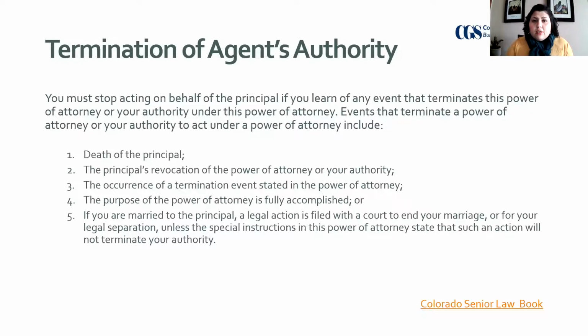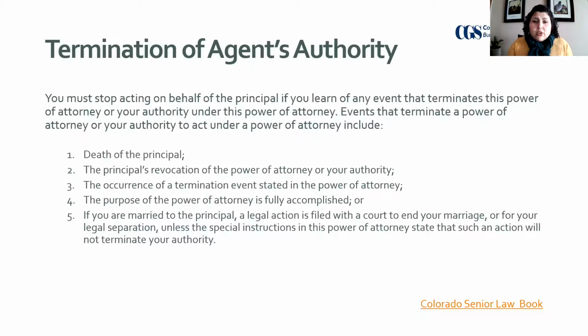The other thing that you do have to consider, and it's the same for the medical durable power of attorney: if you have your spouse named as your agent and you divorce them, as soon as you divorce them, that power of attorney becomes null and void, unless you have put in the special instructions that you would still like them to continue to be your agent even after that divorce decree is set up.